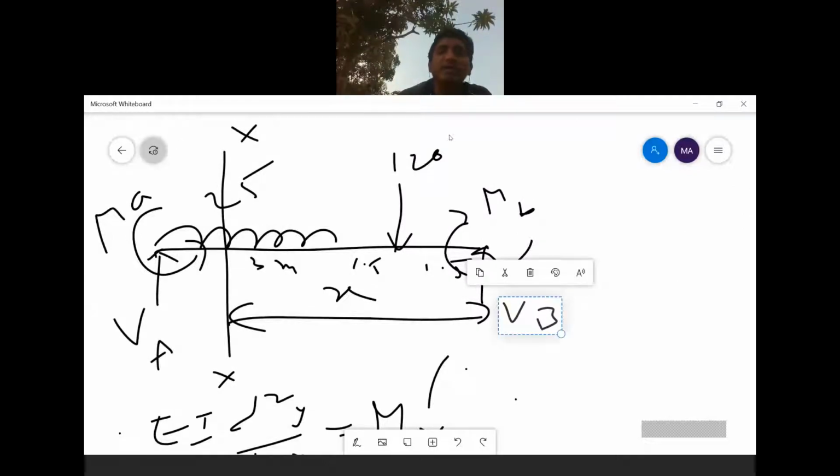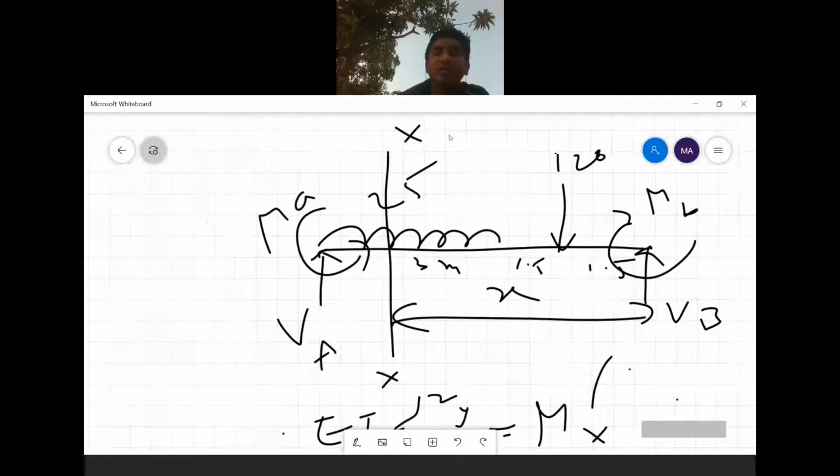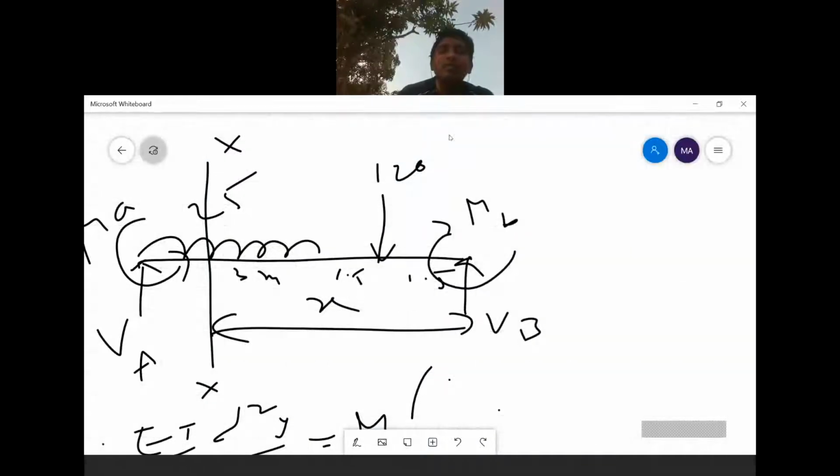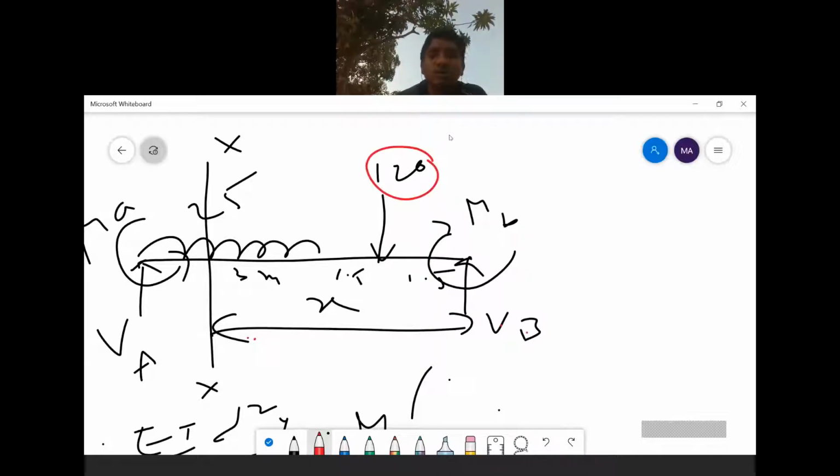Then you have 120 into this distance, which is x minus 1.5.